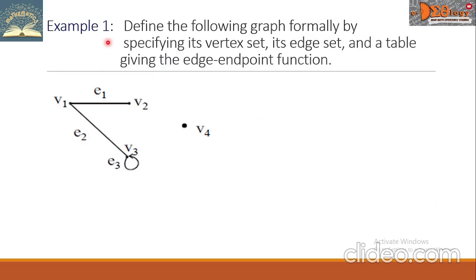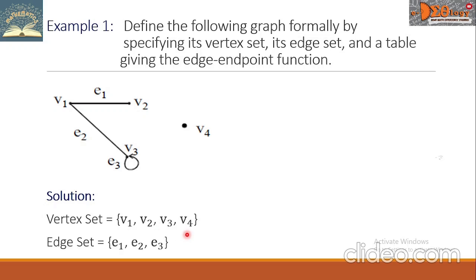Let's have example 1. Define the following graph formally by specifying its vertex set, its edge set, and a table giving the edge endpoint function. First, let us write the vertex set, and these are elements v sub 1, v sub 2, v sub 3, and v sub 4. For the edge set, we have e sub 1, e sub 2, and e sub 3.